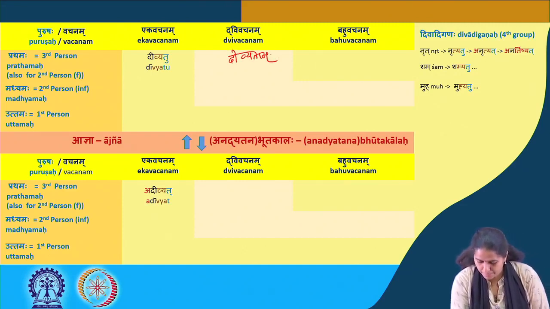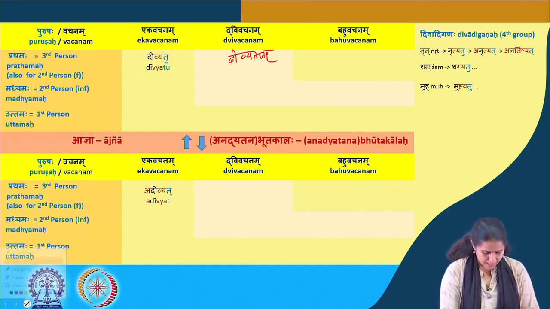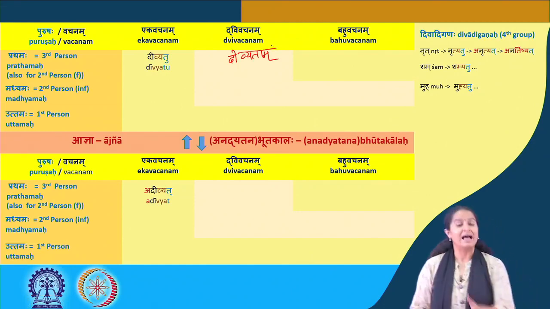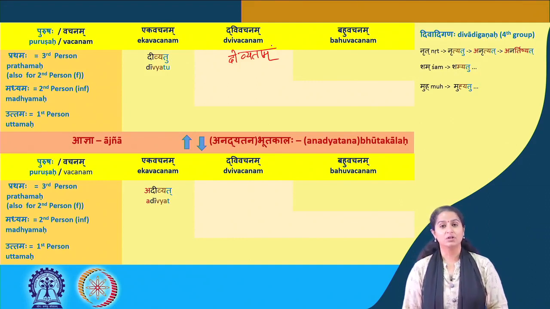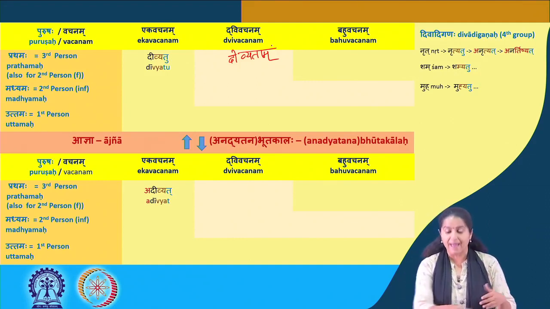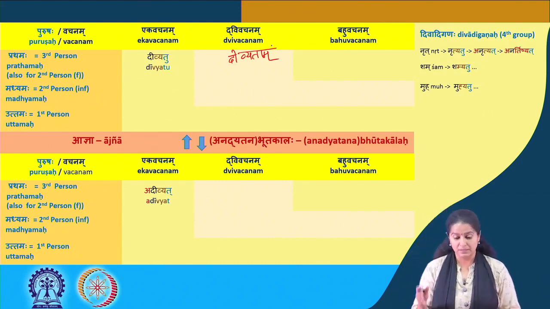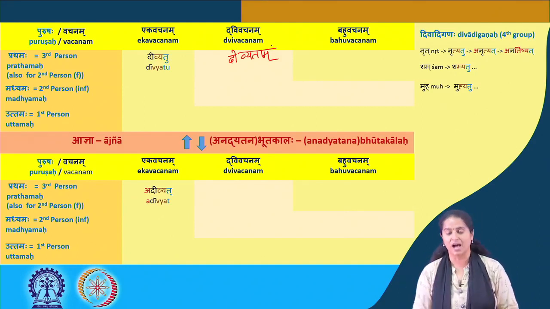Divyatam. Okay, and let's do that for you again. Divyatam and Divyantu. Alright, and then you can fill up the rest. So Divyatu, Divyatam, Divyantu, Divya, Divyatam, Divyata, Divyani, Divyava, Divyama.